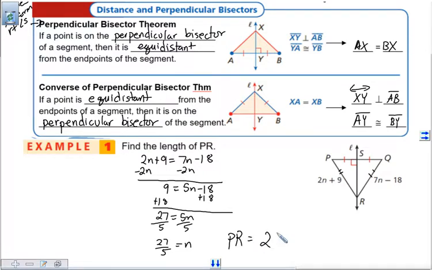So we have 2 times 27 fifths plus 9. And that gives us 99/5.